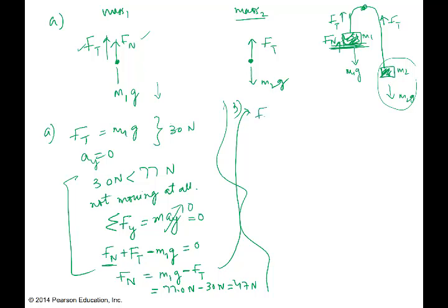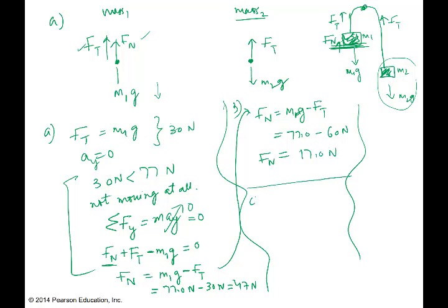The normal force will then be equivalent to m1g minus Ft again, but m1g is the same 77 newtons, but Ft has changed to 60 newtons, and the normal force is now decreased because we have started increasing the weight on the other side. So that comes out to be 17.0 newtons.